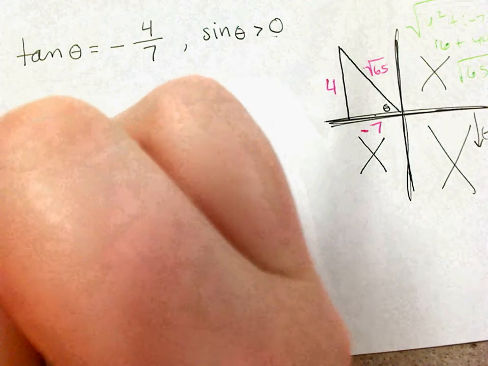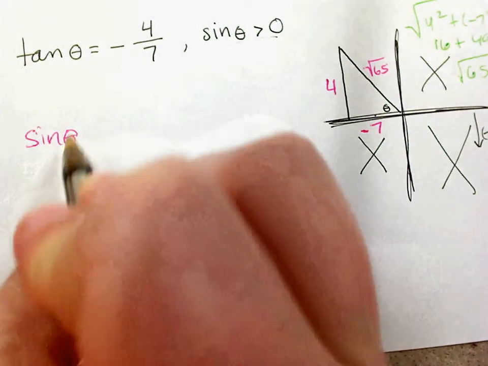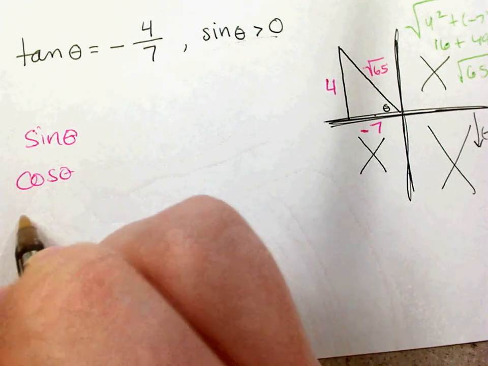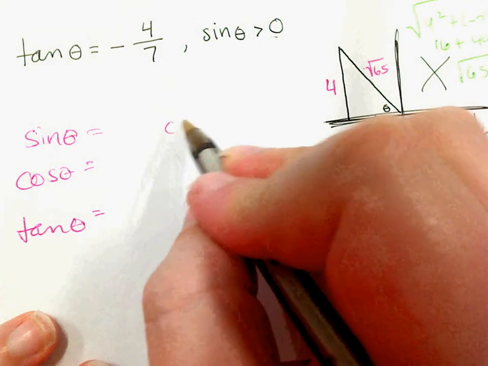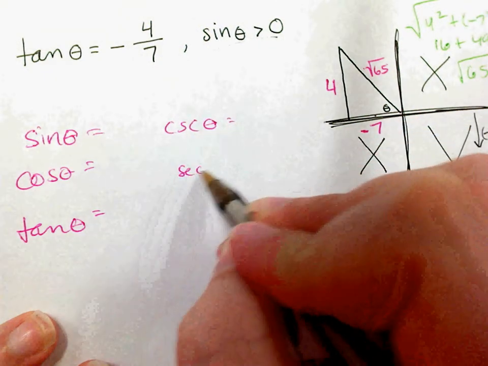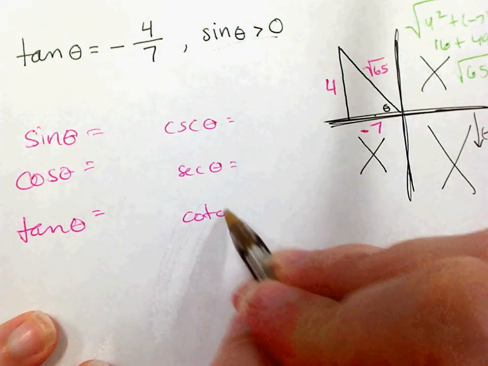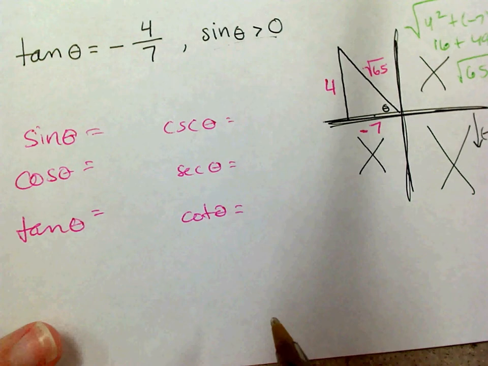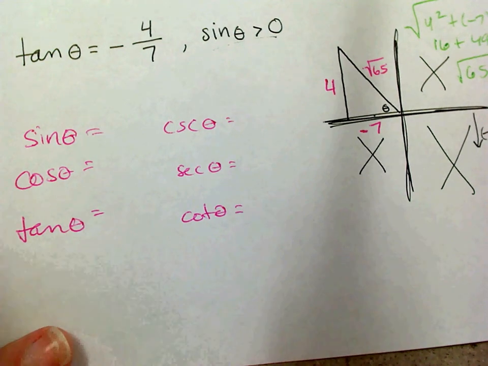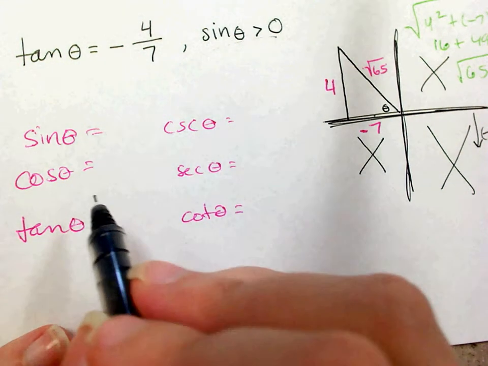So then, I'll call on some people. Okay. Francisco, what do you think sine is? Good. 4 square roots of 65 over 65.